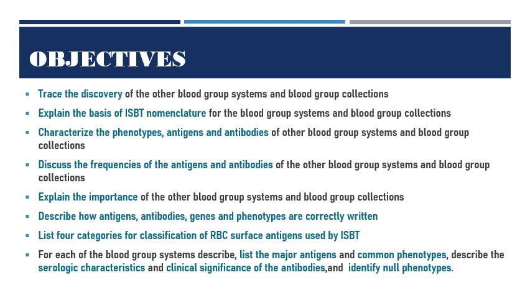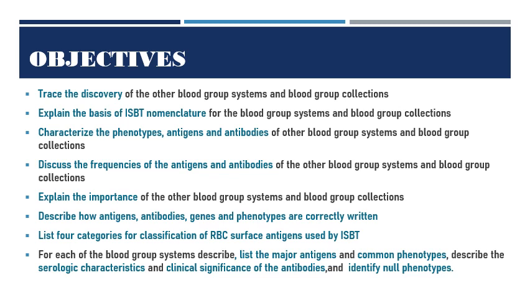Discuss the frequencies of the antigens and the antibodies of the other blood group systems and the blood group collections. Explain the importance of the other blood group systems and blood group collections. Describe how antigens, antibodies, genes, and phenotypes are correctly written.